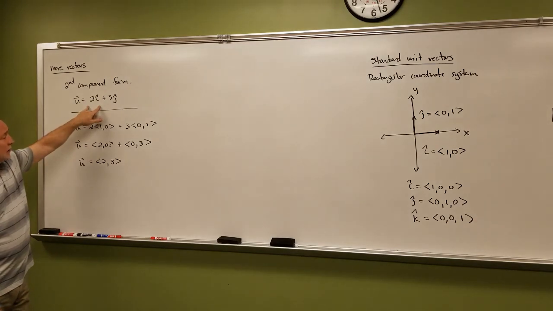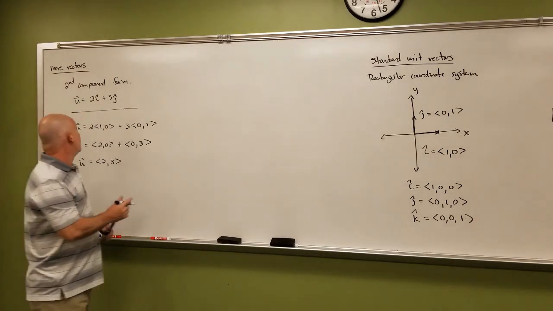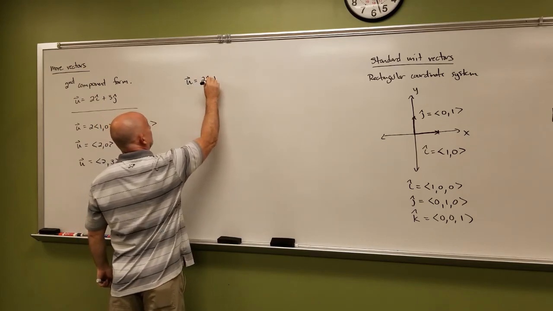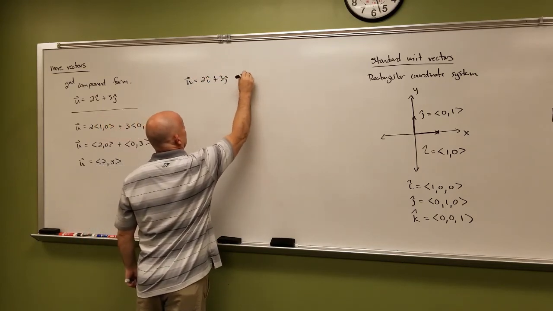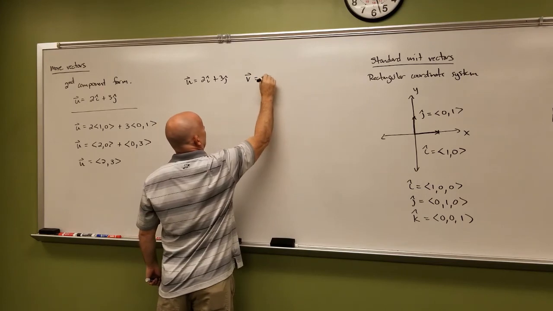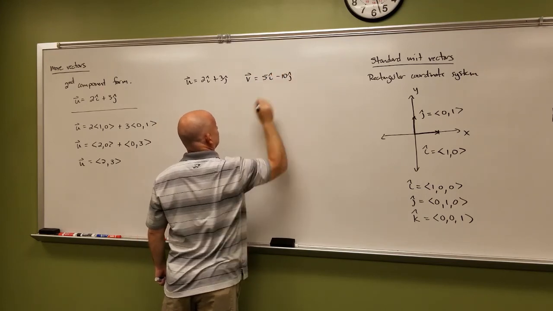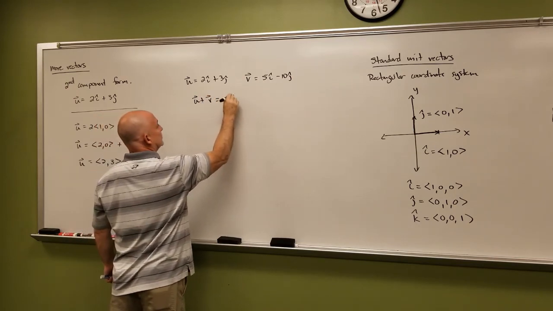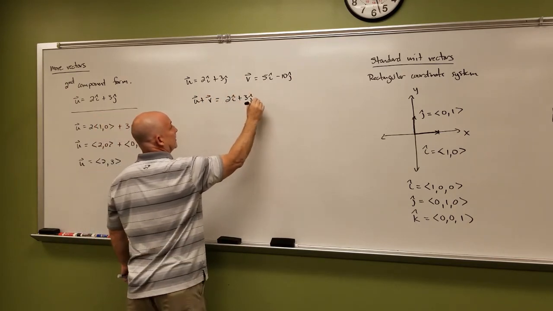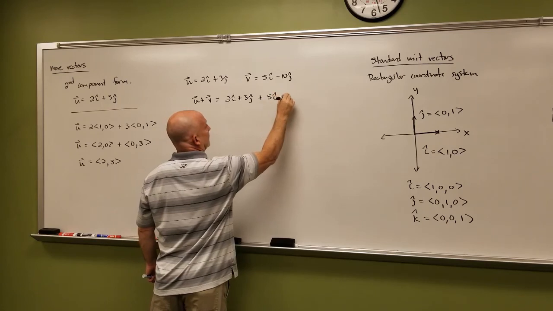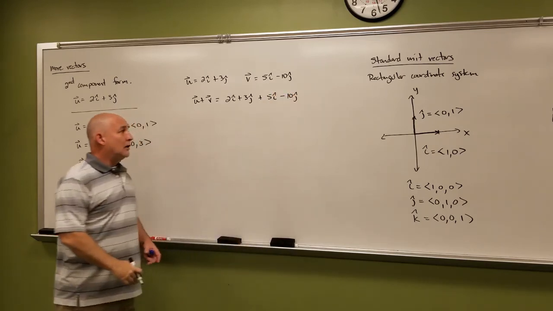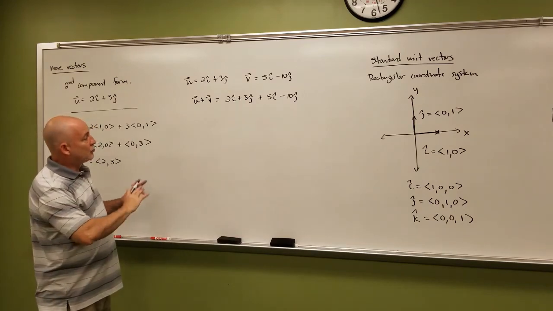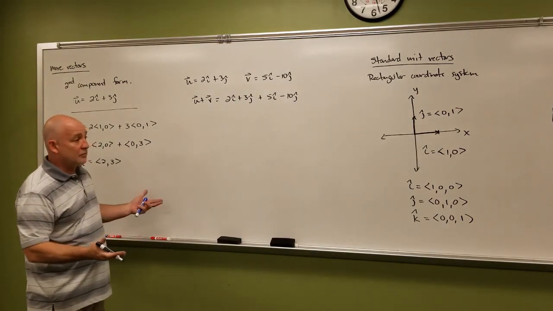The reason I think that a lot of engineering courses prefer this one, see if I had 2 vectors here, u is 2i plus 3j, and let's say v was 5i minus 10j, and I ask you to do u plus v, that's 2i plus 3j plus 5i minus 10j. Now, without ever having to understand what vectors are and which way things move, you can see all you got to do is combine like terms, right?